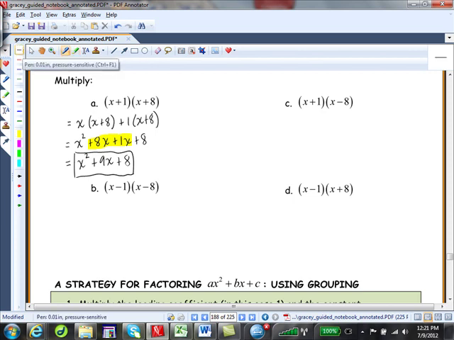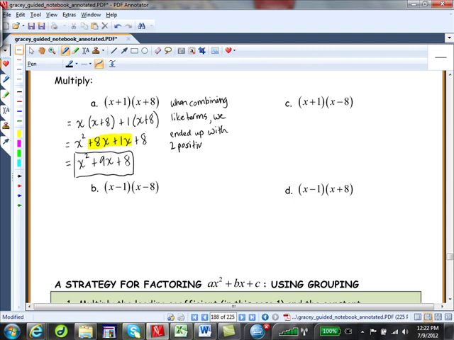I'll put a little side note. When combining like terms, we ended up with two positive terms.